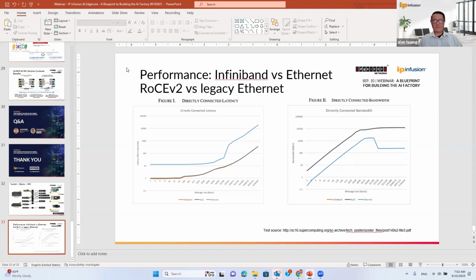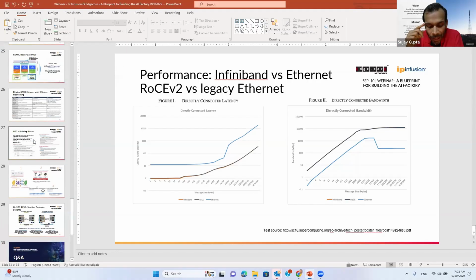Okay. The next one is, it was not so clear what UEC is and what it is used for in AI fabric. UEC essentially is an optimization over RoCE v2. RoCE v2, while solving the problems Ethernet has for an AI fabric, the industry wanted to make much smarter by reducing the packet headers and making the point-to-point communication.